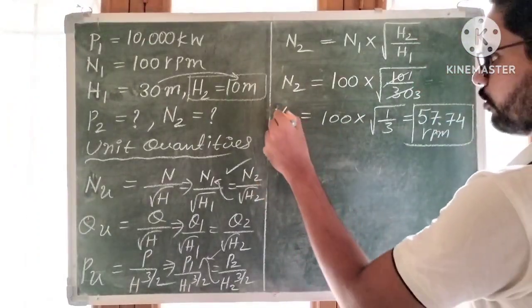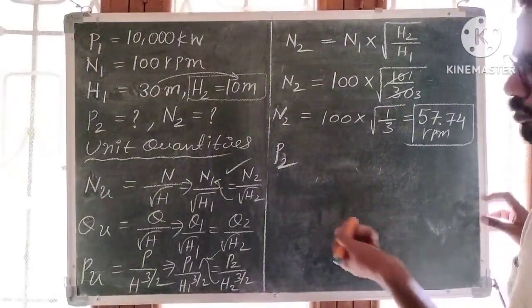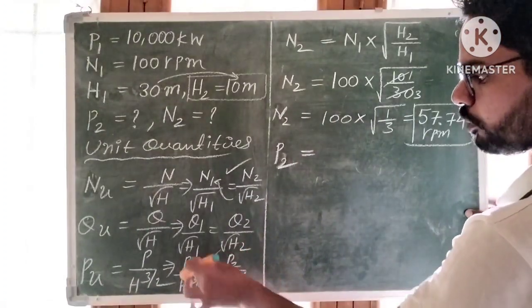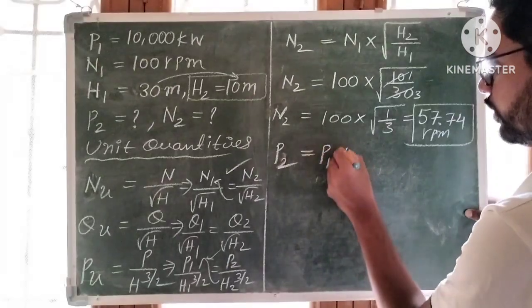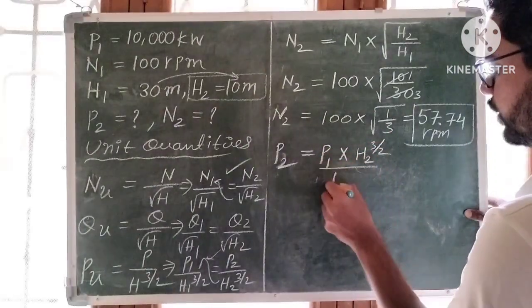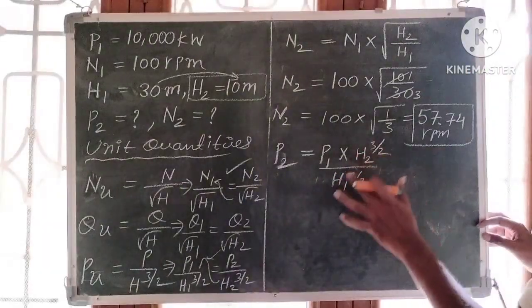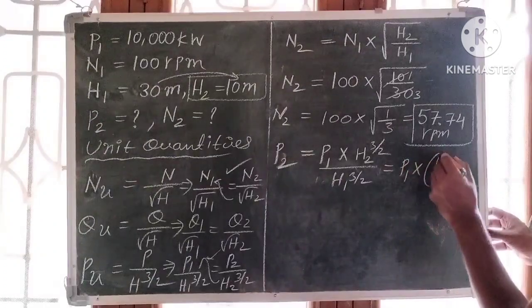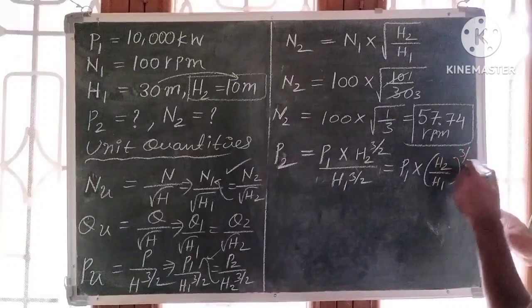Now we need the power developed by the turbine when the turbine is working under a head of 10 meters. So P2 is equal to, transposing H2 power 3 by 2, division becomes multiplication, P1 into H2 power 3 by 2 by H1 power 3 by 2. It's like A power m by B power m, which is A by B whole power m. So P1 into H2 by H1 whole power 3 by 2.